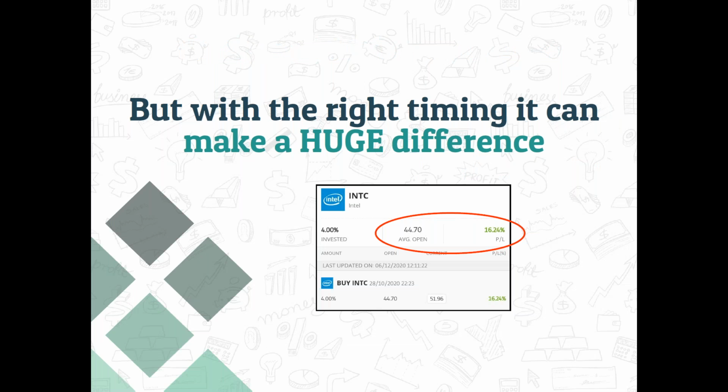With the right timing, in fact, I've invested and I'm still holding on to Intel. The position is up by about 16%. Not a huge, fantastic result, but there's a huge difference between a 30% drop and a 16% gain.